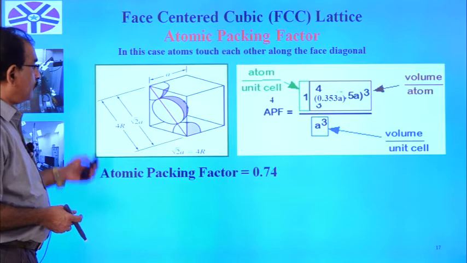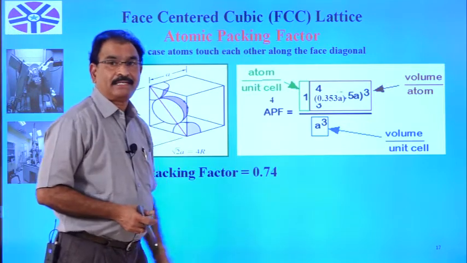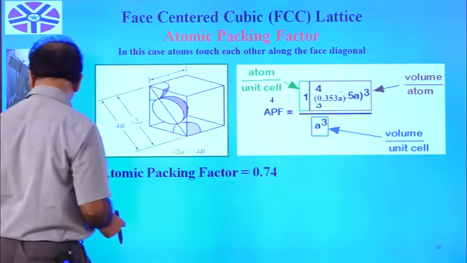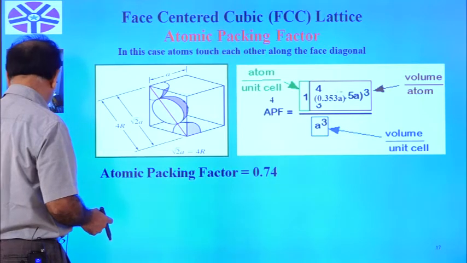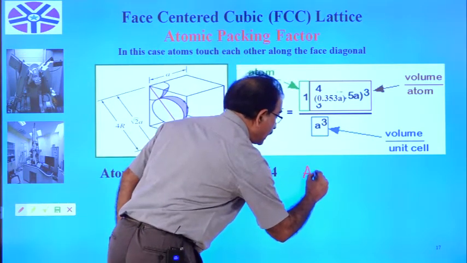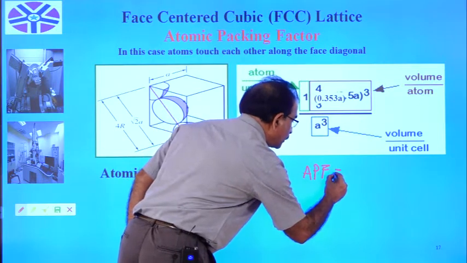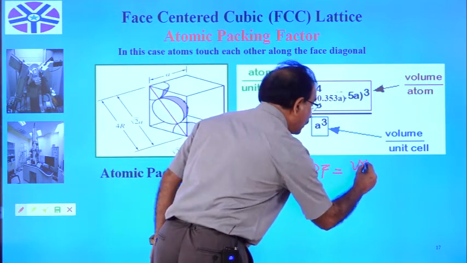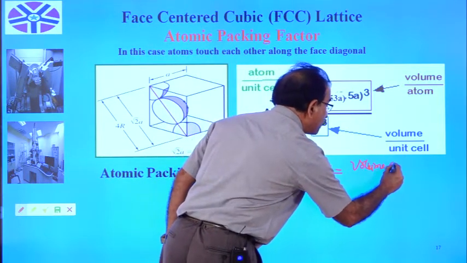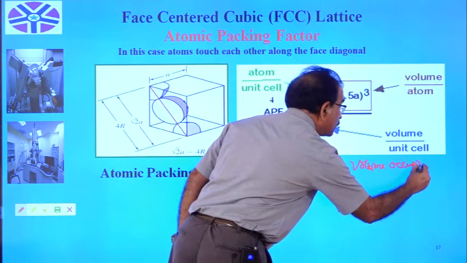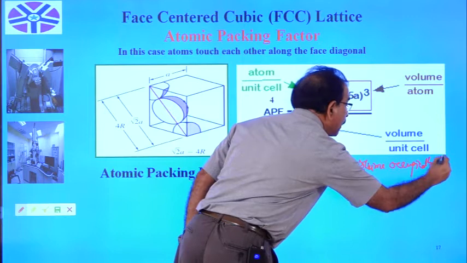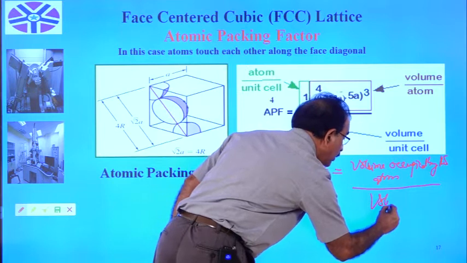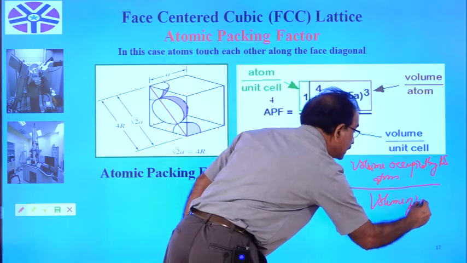Okay. Now, we are calculating the atomic packing factor. What is the formula for atomic packing factor? Already in the last class I was explaining it. Atomic packing factor is equal to the volume occupied by the atoms divided by the volume of unit cell.